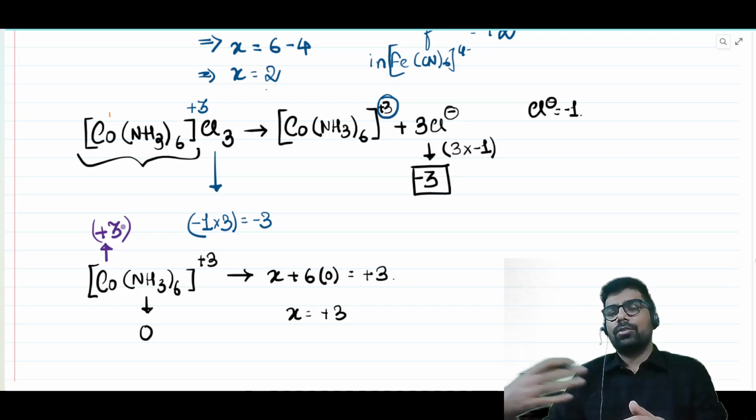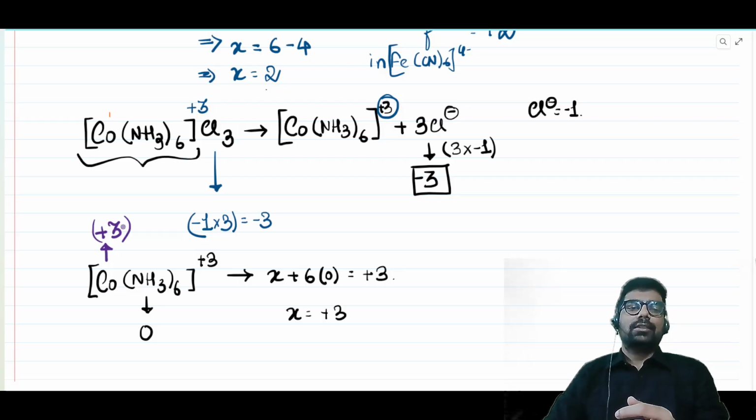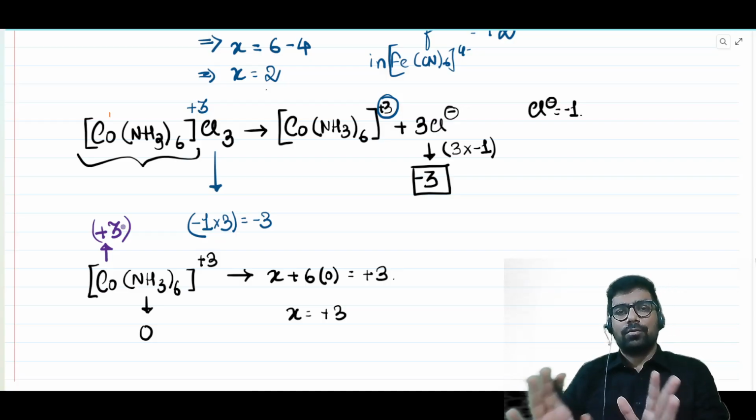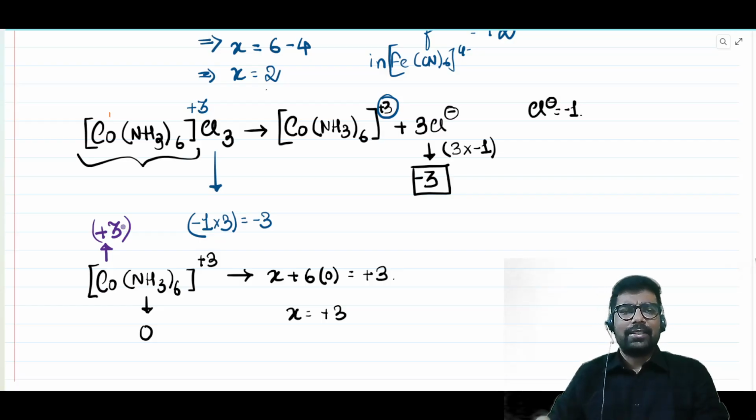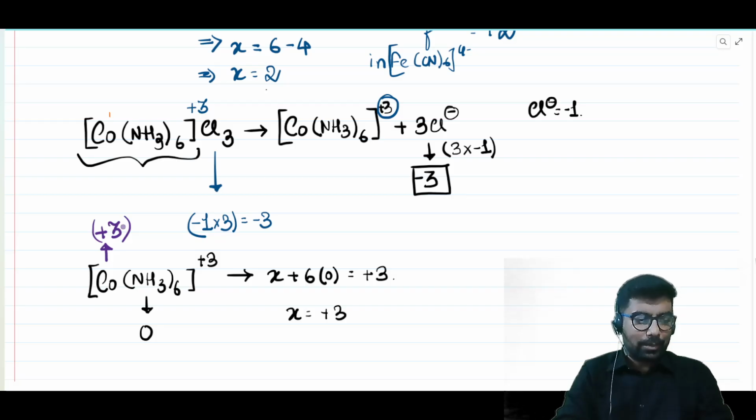For example, I have told you ammonia has a charge of 0. So just for the time being, just do what I say. After you get the chart, you can do it all by yourself. And after a few days, you won't have to do so much calculation. You will just see the compound and calculate the oxidation state in your head.